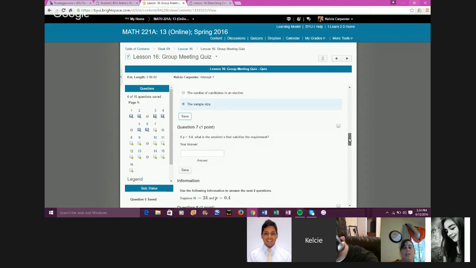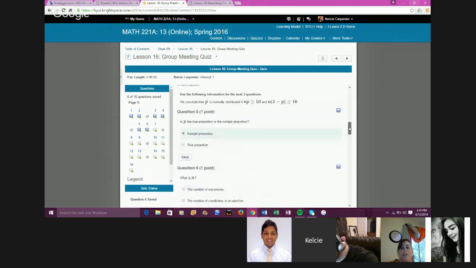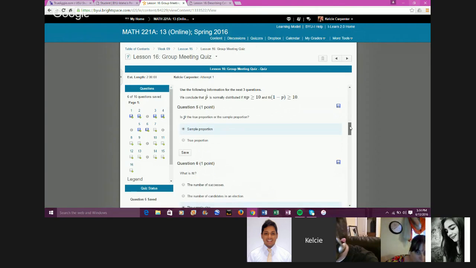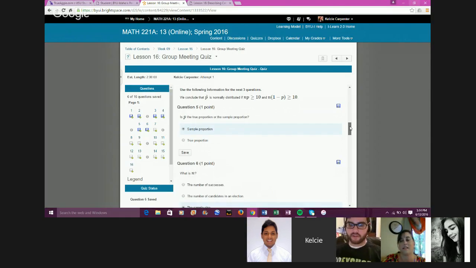Because if we do the 0.25 with this one, then that n would equal 13.33. It's not either or. They both have to be satisfied, and so you would always go with the larger number.